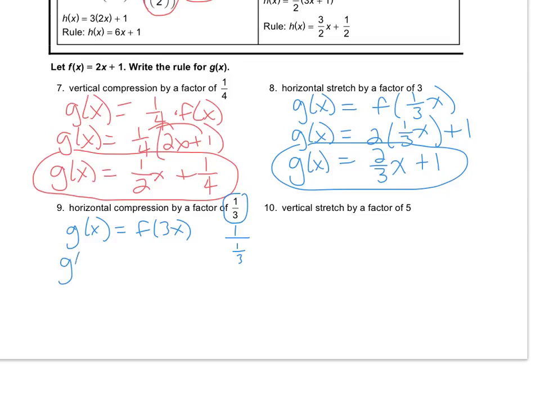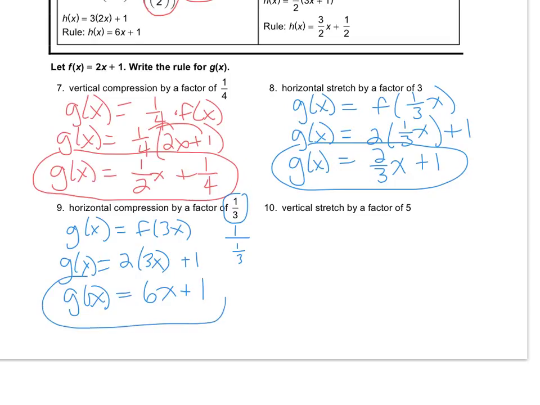So g of x equals 2 times 3x, close parentheses, plus 1, and then simplify. So g of x equals 6x plus 1. Okay, that is our final function.